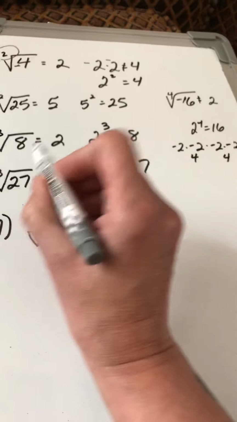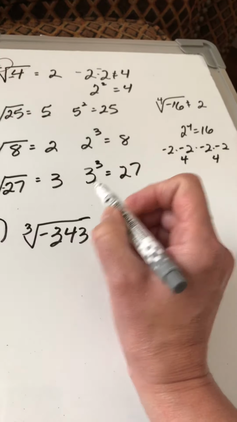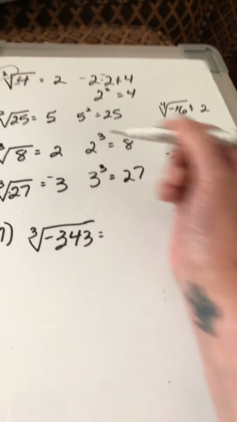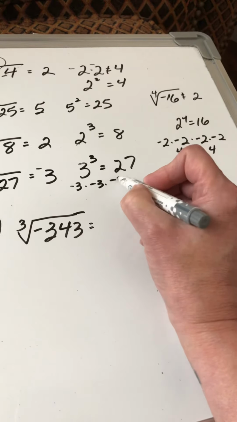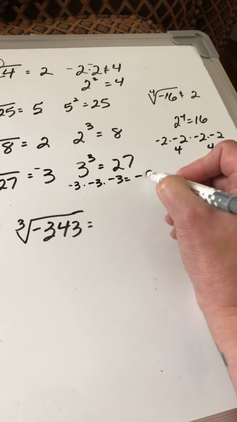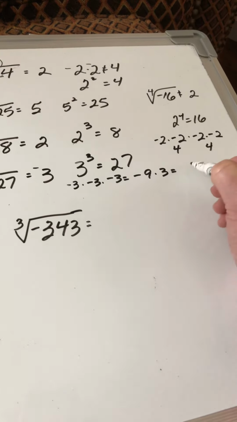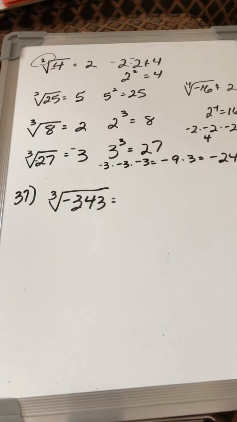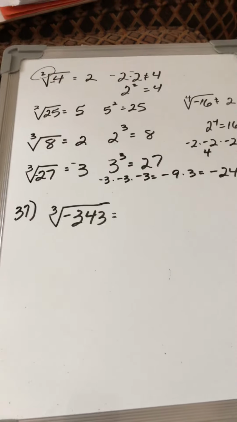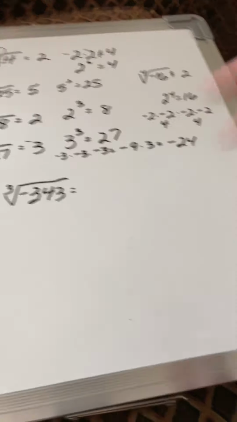Let's try taking the cube root of negative 27. I can say that that's negative 3, because negative 3 times negative 3 times negative 3 is negative 9 times 3, which is absolutely negative 27. So it'll work for the odd number, whatever that, I think it's a radicand, I don't know what they call these things.